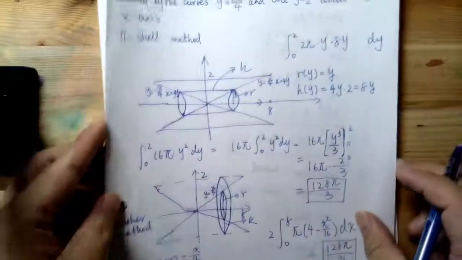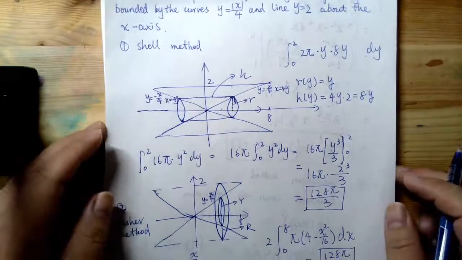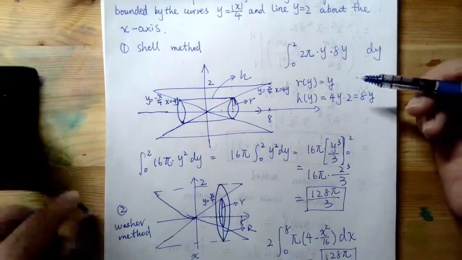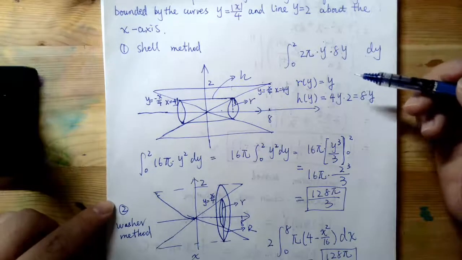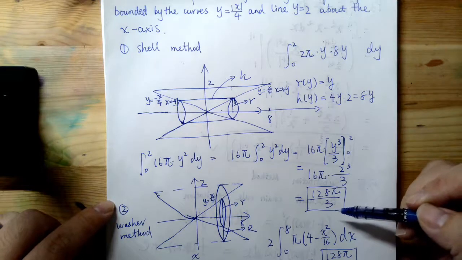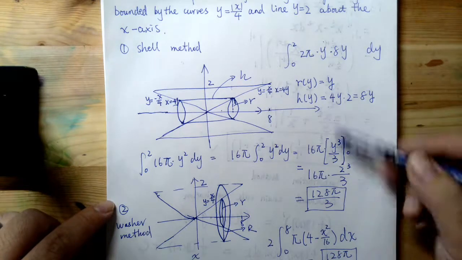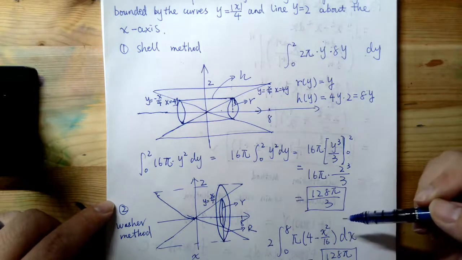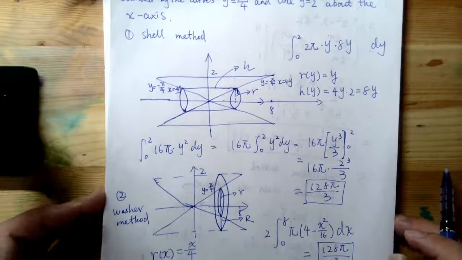So I hope this can give you another idea about how to construct the shell method and the washer method, and also the difference. Okay, so I'll stop here, and I hope you enjoyed this video.